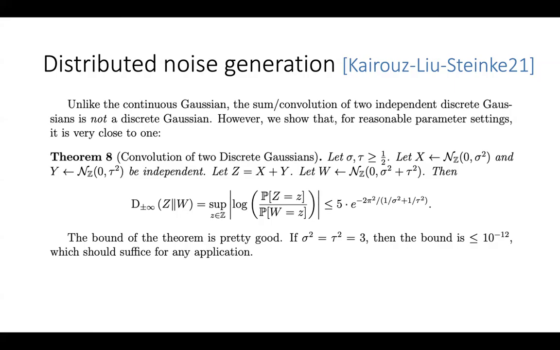So there's this result which shows that the max divergence, the maximum ratio of probabilities, is quite small. There's this expression.